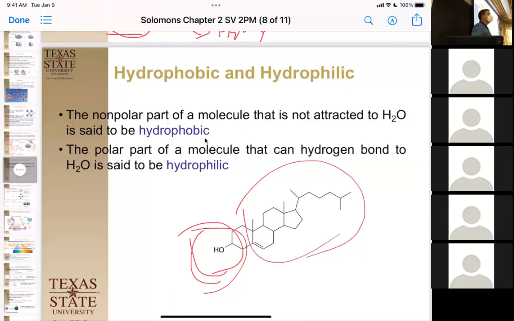When you have different parts of the molecule interfacing with different types of interactions, you have what we sometimes call amphoteric, something that has a hydrophilic side that can hydrogen bond or has a dipole that it can bond to.